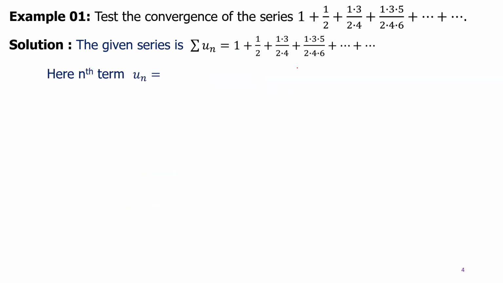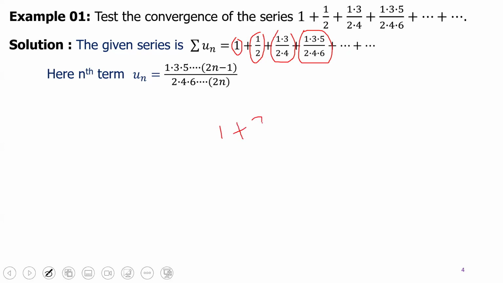Here, the nth term un is given by, just look here, this is the first term, or we can leave the first term, then second term, third term. Similarly, if we take the nth term, what can we write down? 1 into 3 into 5 into, what is the nth term of 1, 3, 5? The first term a is equal to 1.